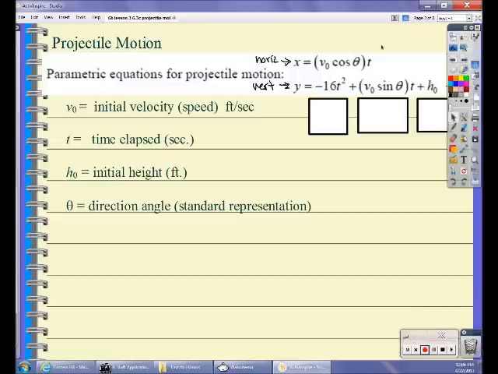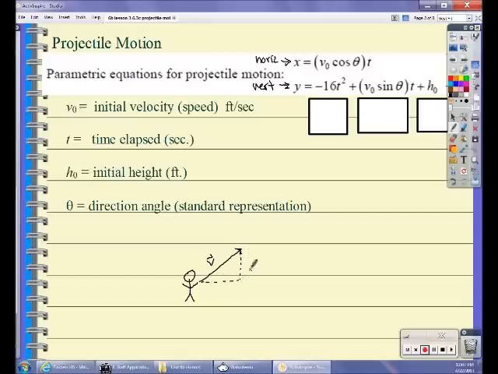Now, where did we get these equations? Well, first let's talk about the cosine and sine. If we've got a little dude here, and he's throwing a ball or a javelin or whatever he's throwing at this vector, v, that speed of that vector has both a horizontal and a vertical component.